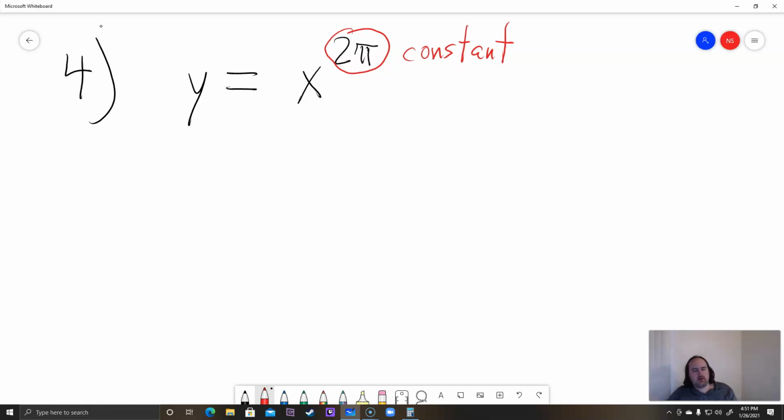Okay. So how are we going to do this problem? Well, this one's actually a little bit of a trick problem. So you might think that this is an exponential, but this is actually a power. All right, so be careful.